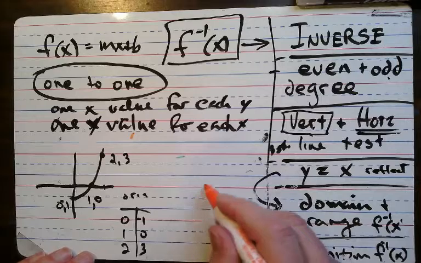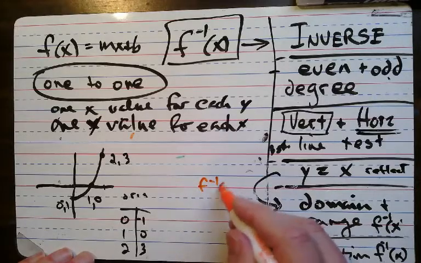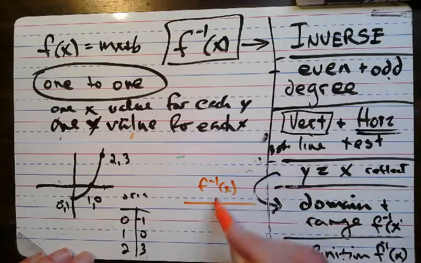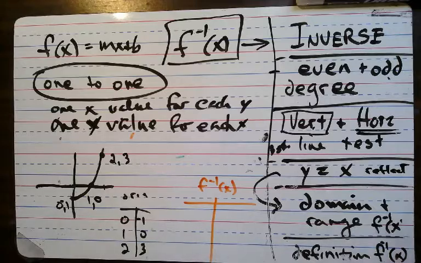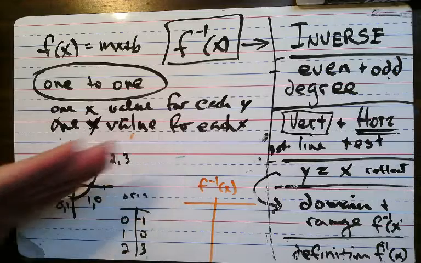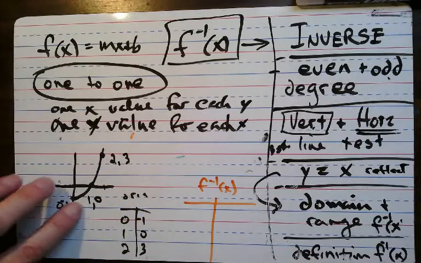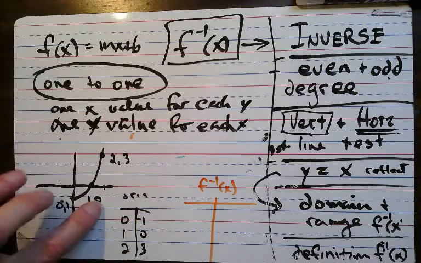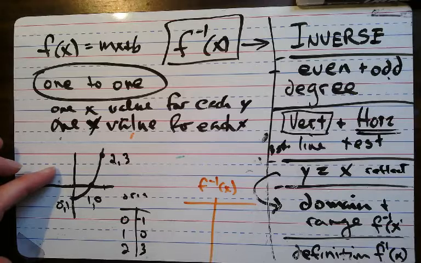Well, heck, I know what to do. All I have to do is reflect it over this line. If I reflect it, everything over here is going to move up here, and everything down here is going to move up here.